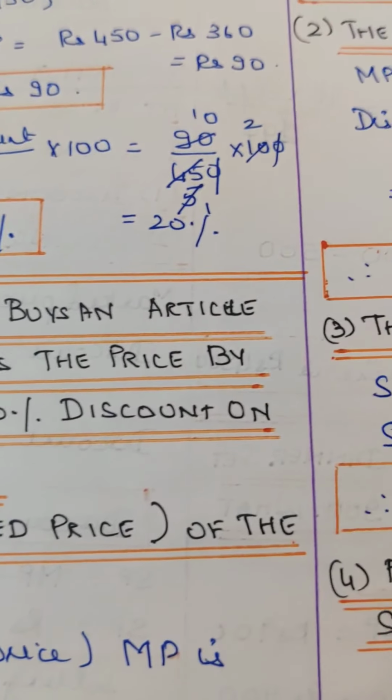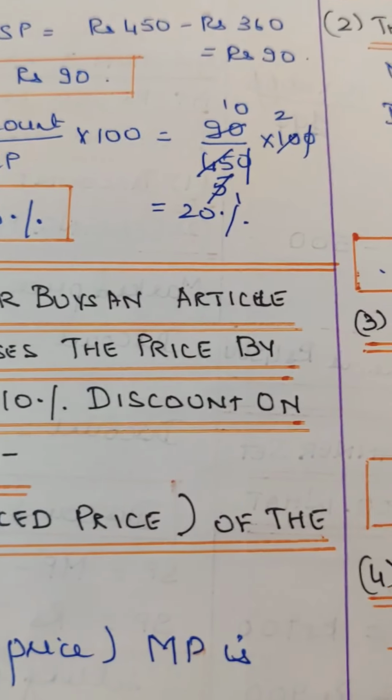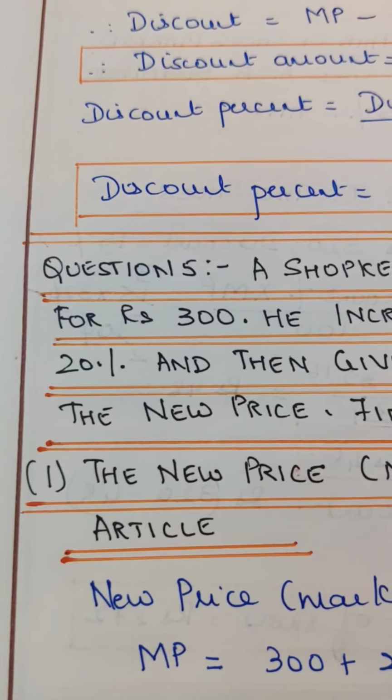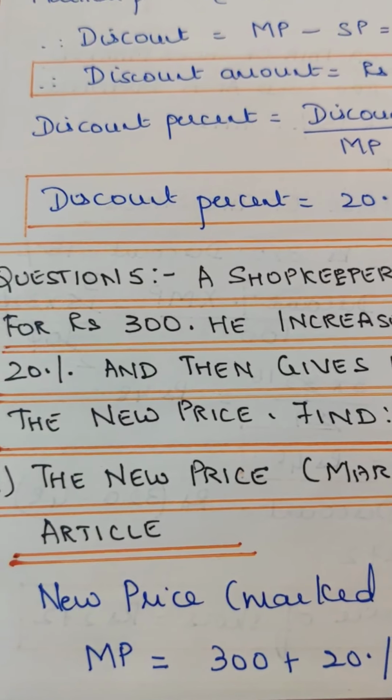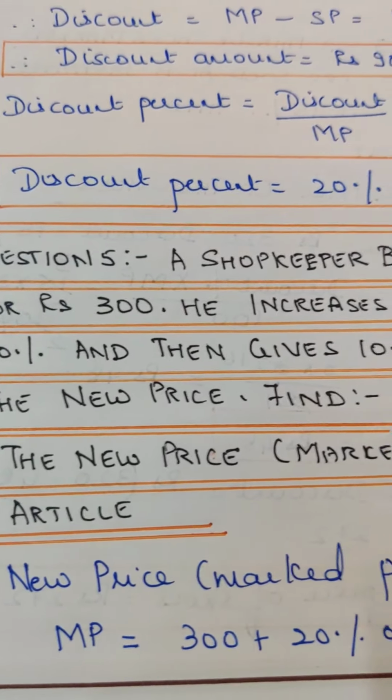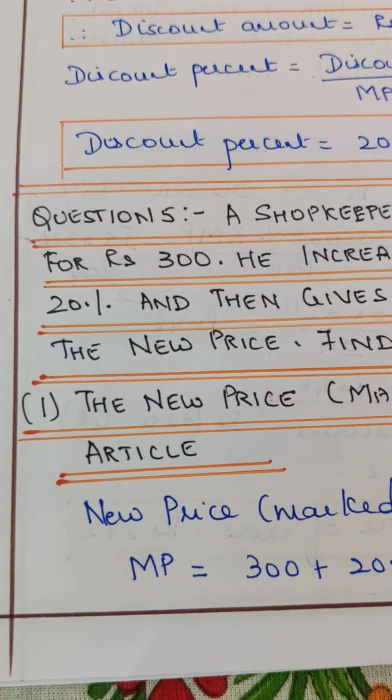A shopkeeper buys an article for rupees 300. He increases the price by 20% and then gives 10% discount on the new price. Find first one, the new price, that is the mark price of the article.